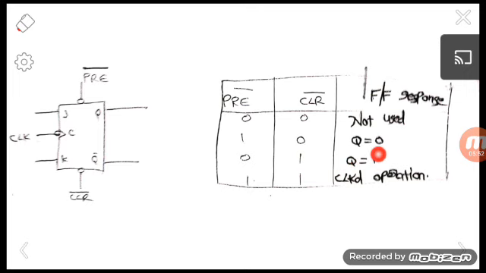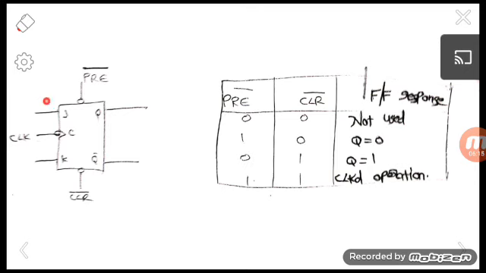When both these inputs are 1 1, that is, both are at the inactive level, then the clocked operation of the flip-flop is possible. At that condition, the asynchronous inputs are inactive and the flip-flop responds freely to the synchronous inputs.